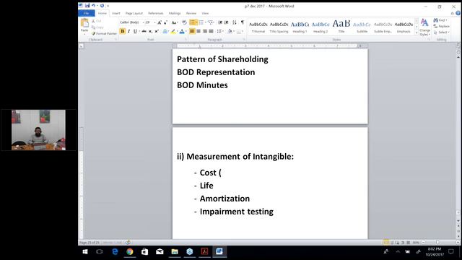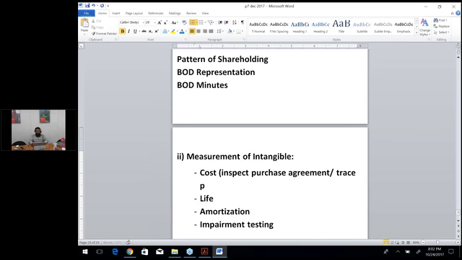So now, what could be the procedure? The cost could be incorrect. What am I going to do in order to check if the cost is correct or not? I would inspect the purchase agreement. At the same time, I'm going to trace payment to the bank statement.